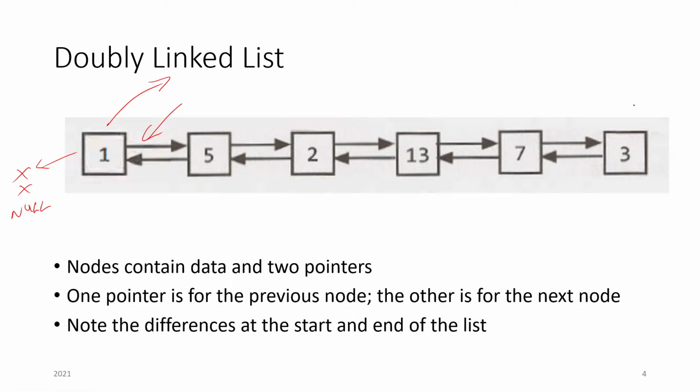And for your end node, we only have this pointer pointing to our previous node. There's no pointer pointing to a next node, so this can also be treated as null.